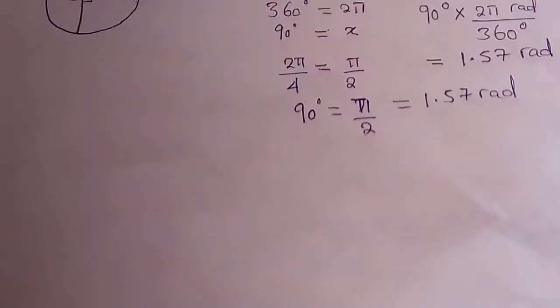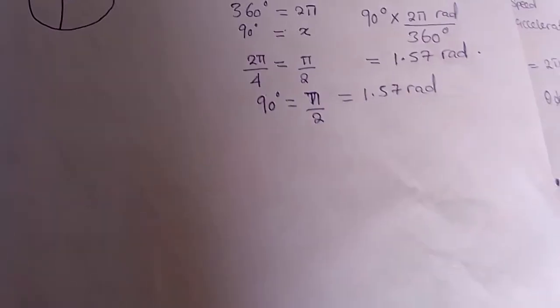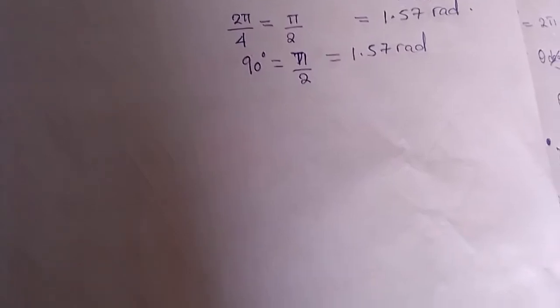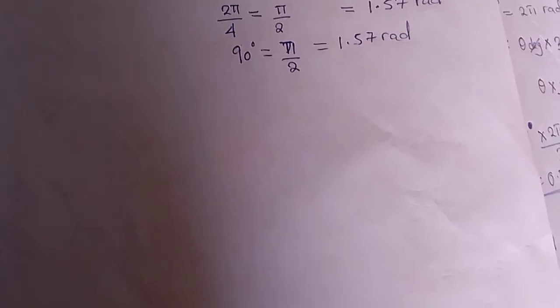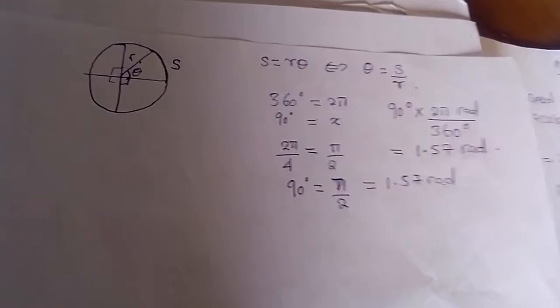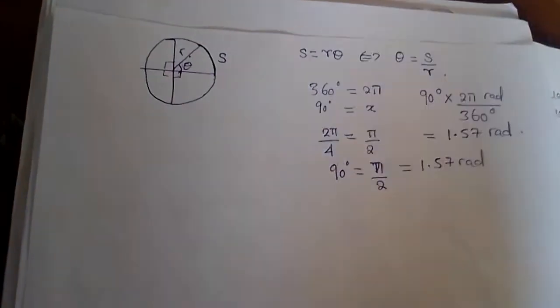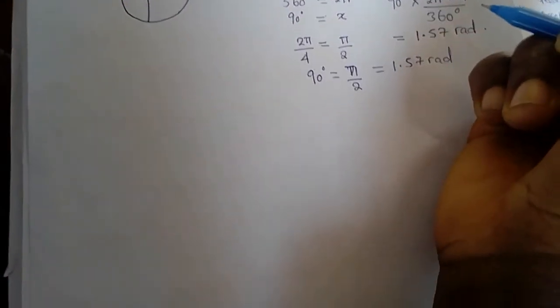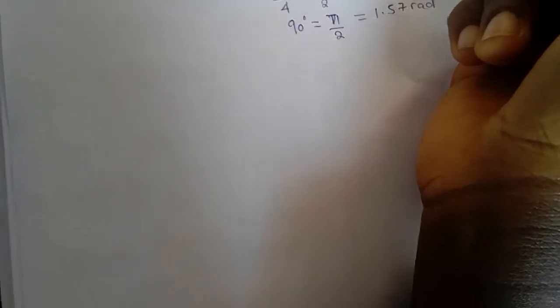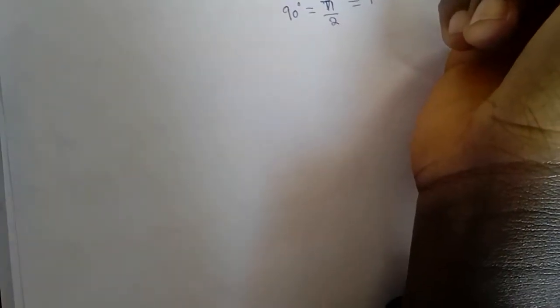Now, if we go back to linear motion, where we discussed displacement, acceleration, velocity, and the like, we'll find that they can also be talked about in circular motion in similar ways.